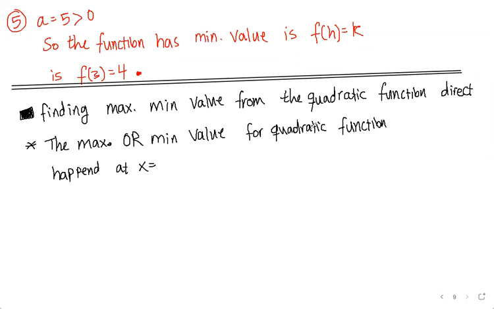For the quadratic function f of x equals ax squared plus bx plus c, with a not equal to 0, x is minus b over 2a.